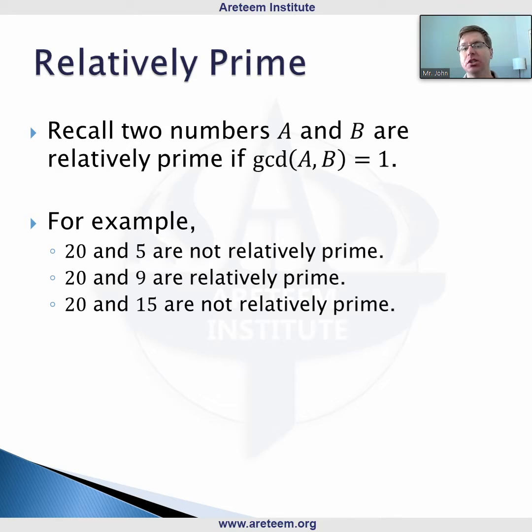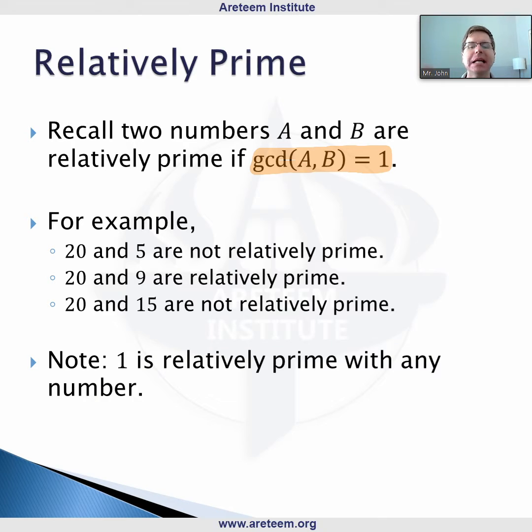Take 20 and 15, just to be a little bit careful. You don't have to be a factor to be relatively prime. 15 is not a factor of 20, but 5 is a factor of 20 and 5 is a factor of 15, so those numbers are not relatively prime either. Going back to our definition, a GCD of 1 means they're relatively prime.